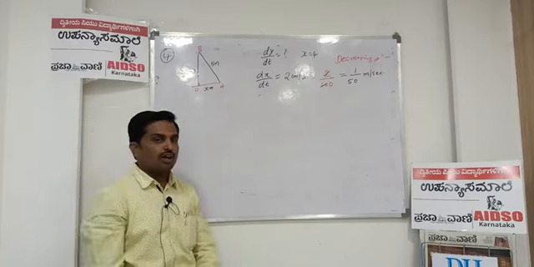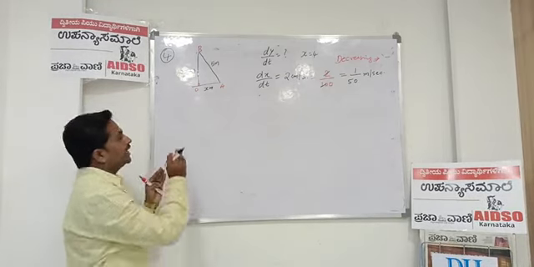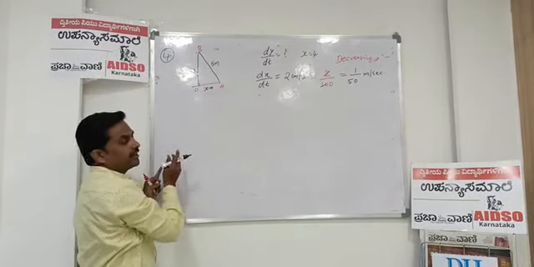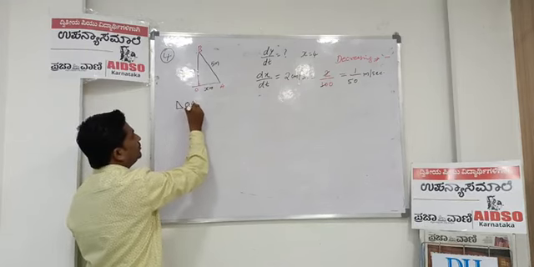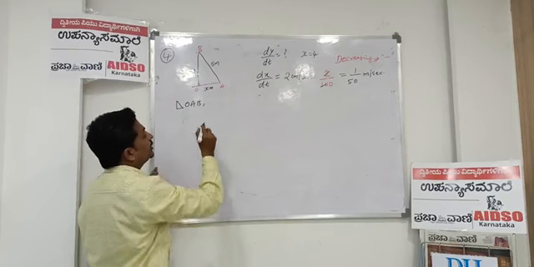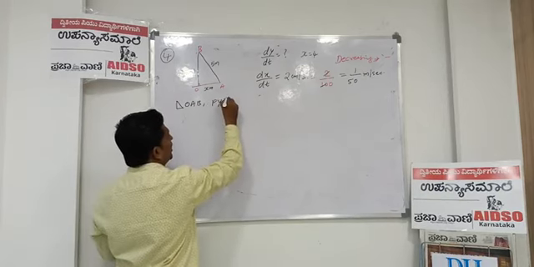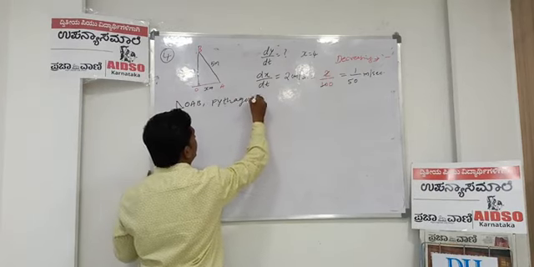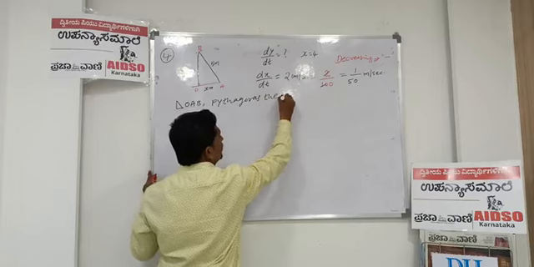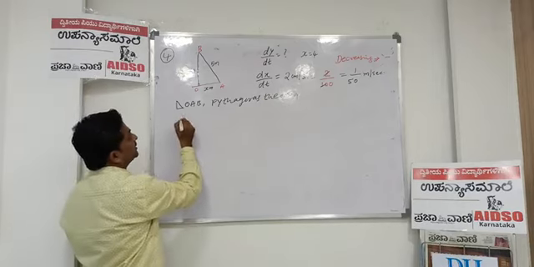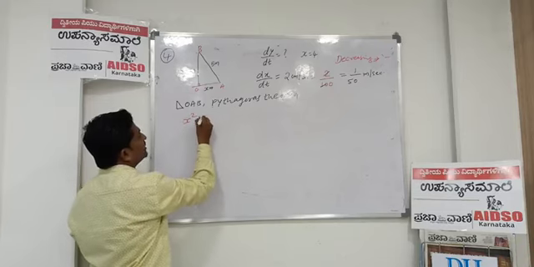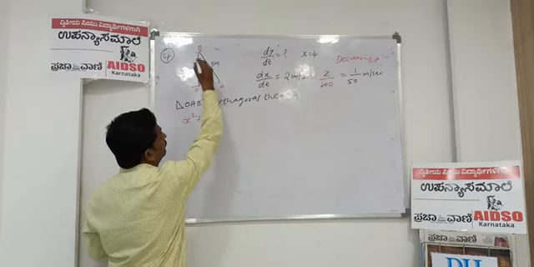Then the next part of the solution: in right angle triangle OAB we can apply the Pythagoras theorem. By Pythagoras theorem we get x square plus y square equals 5 square.